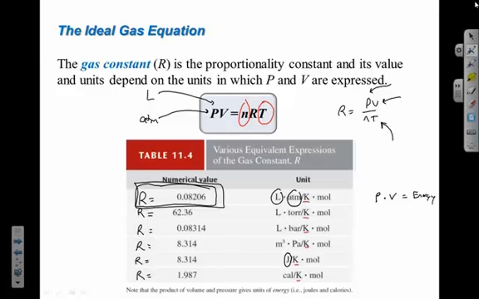Yep, that's a good question. And in General Chemistry 2, this actually is the value for R that's used a lot because R comes in as a constant in a lot of other formulas that do involve energy, and when you want the energy to cancel, that would be the unit you would use.